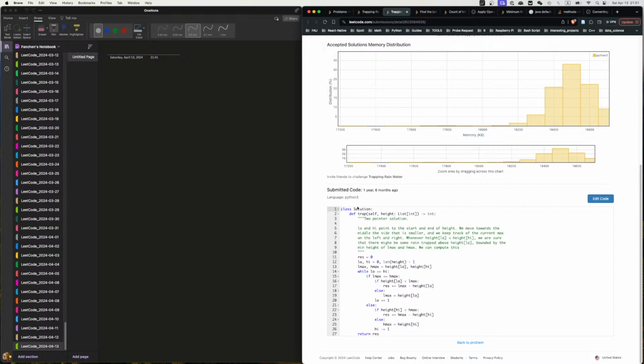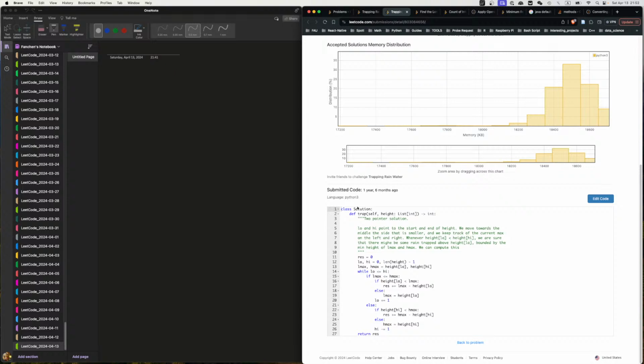Okay, I don't quite understand. So we go left, right, moving towards the center, and we keep track of the current max on the left, okay? Whenever height low is smaller than height high, we're sure that there might be some rain trapped above height low, bounded by the min height of the left and the right max.